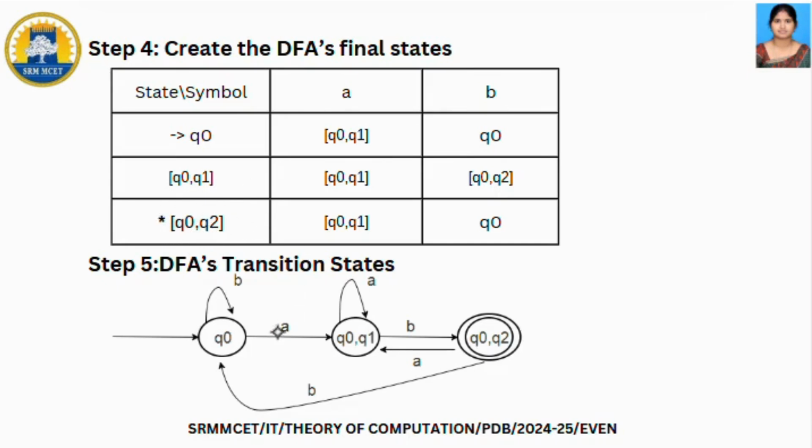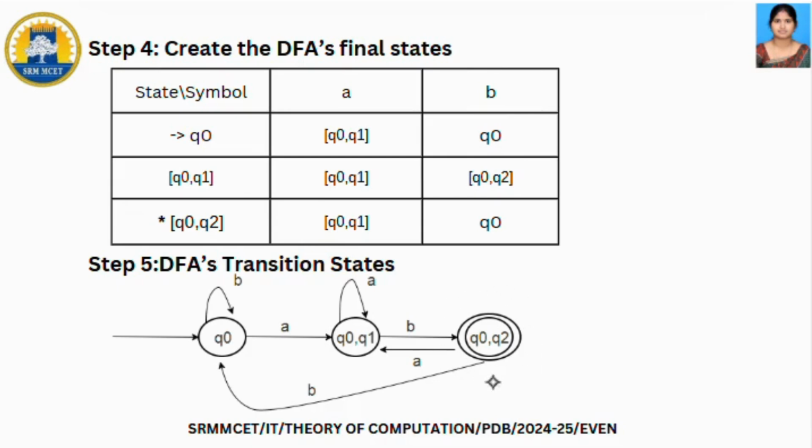So we have to draw the diagram with the help of this DFA transition table. We have named the states q0, q0 q1 and q0 q2, and with the transitions given in the transition table we draw the diagram. q0 using a transits to q0 q1, and q0 using b transits to q0 itself as a loop. q0 q1 using a transits to itself as a loop. q0 q1 using b transits to q0 q2.